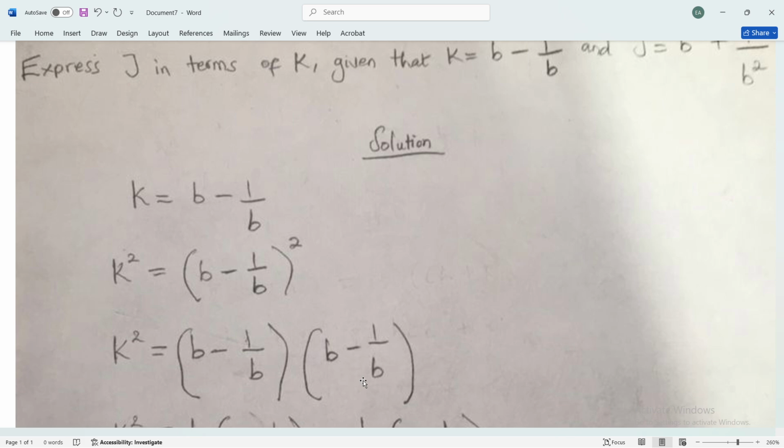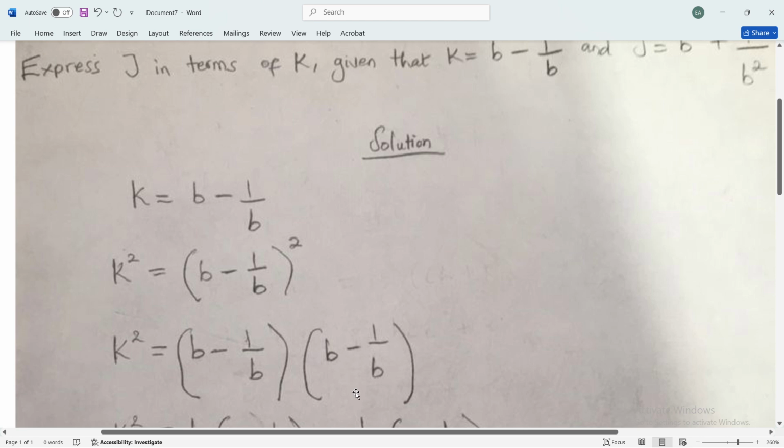Now let me explain this. We've simplified, so we've gotten K square equals, in brackets, B minus the fraction 1 over B multiplying, in brackets, B minus the fraction 1 over B. That means this bracket, B minus the fraction 1 over B, is multiplying the entire bracket here.